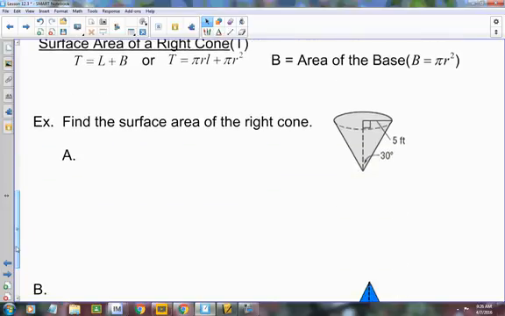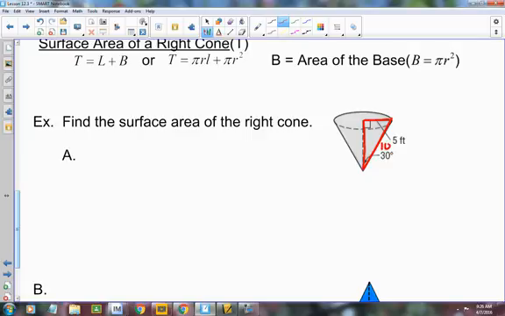So let's do one of these. We want to find the surface area of the right cone. What am I missing here? What do I need? I need the slant height, because my radius is 5. What kind of triangle are we dealing with right here? It's a 30, 60, 90. My radius is 5, which is my short leg, and my slant height is my hypotenuse. What's it going to be? 10.